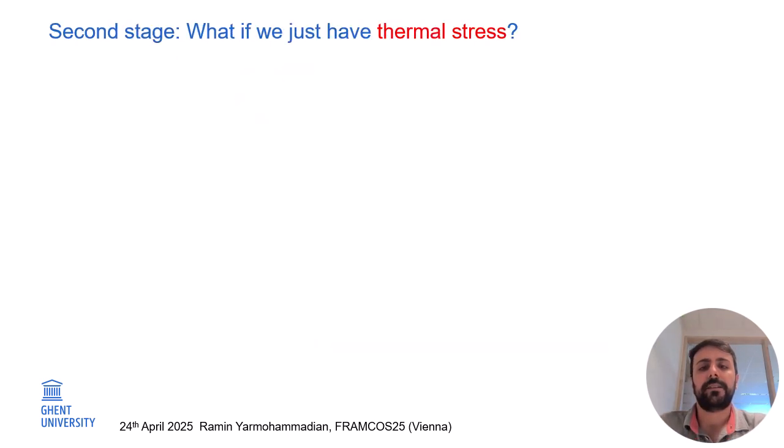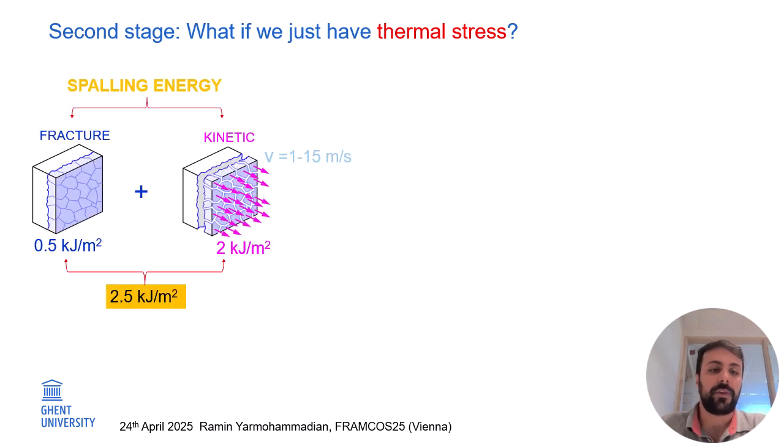So in the second stage, by the way, we need to know if we just have thermal stress, what is going to happen. As I said, the concrete needs to be fractured and needs to accelerate the particles. If we sum these two in a 1x1 concrete cube, we need almost 2.5 kilojoule per square meter of energy.